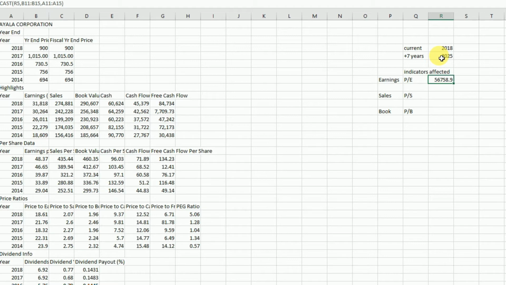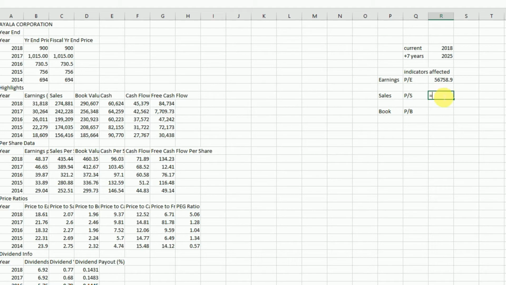But if it is a linear regression, then this is the forecast for the next 7 years, given the past 5 years of data. Okay, so that means our analysis is saying that by 2025, the earnings of Ayala Corporation would be somewhere around 56 billion.